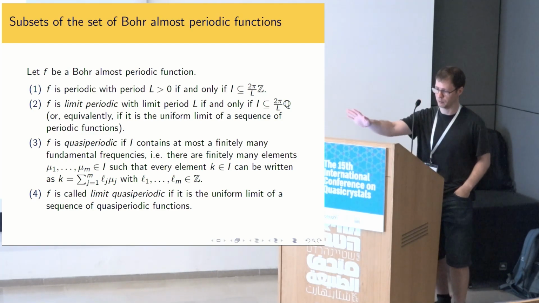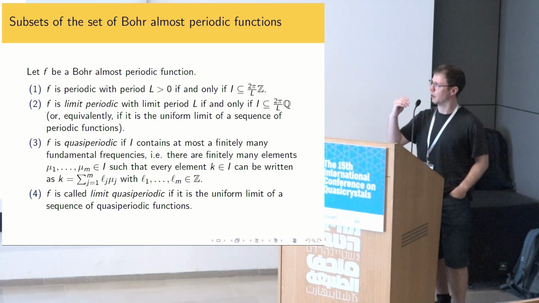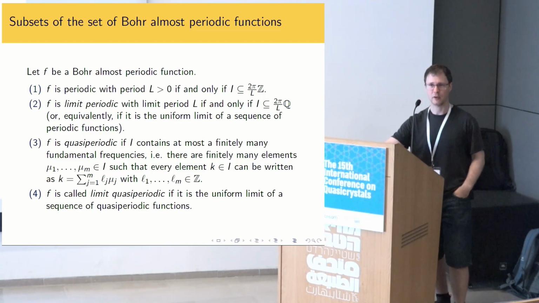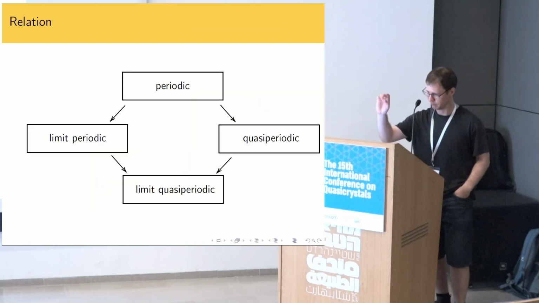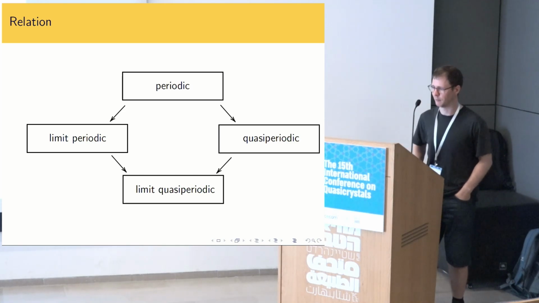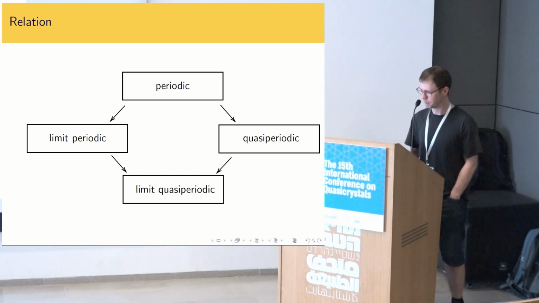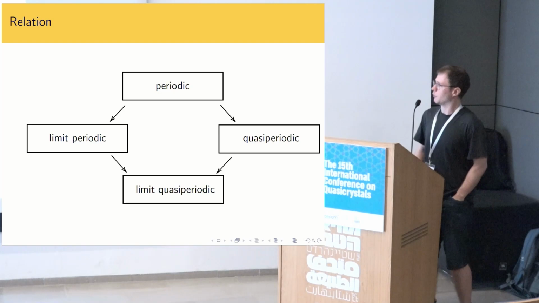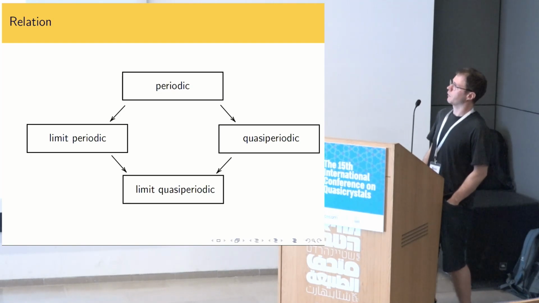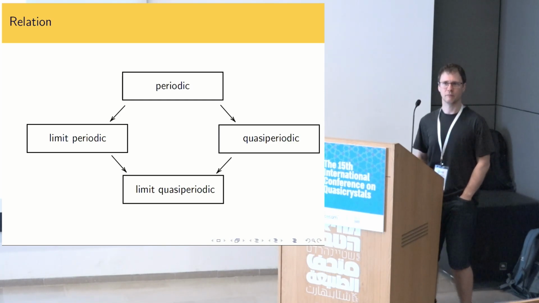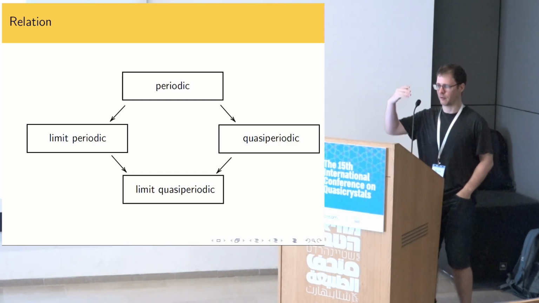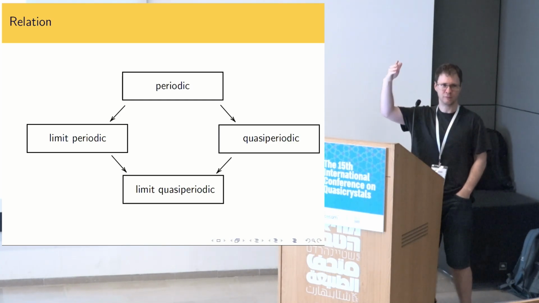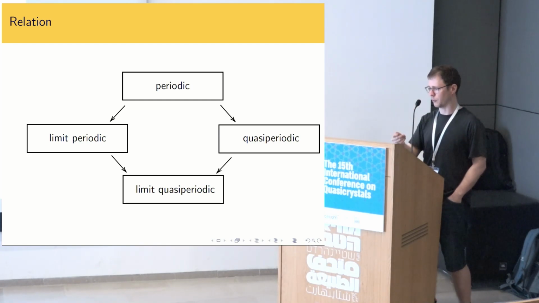Now, this is a bit dry right now, so let's give it a bit of life with examples. But one little diagram before that, which is not difficult to see. If a function is periodic, it is obviously limit periodic. Just consider the constant sequence of this function. It is also quasi-periodic.